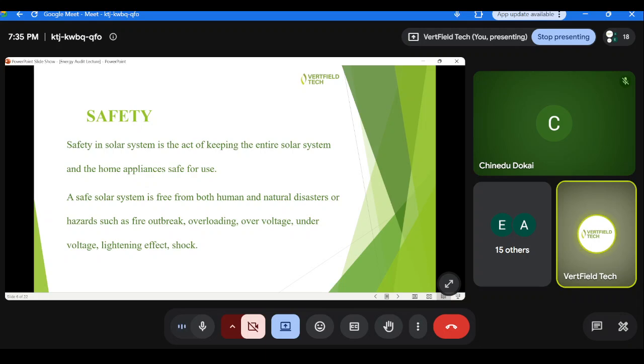When we say natural disasters, when that system is not well earthed, because in some inverter systems they are designed in such a way that when there is no proper earthing, the system tends to have earth leakage, which will make that system carry current on the body. So if you by mistake or by chance touch the body, you get an electric shock.